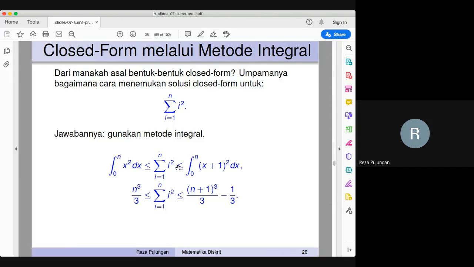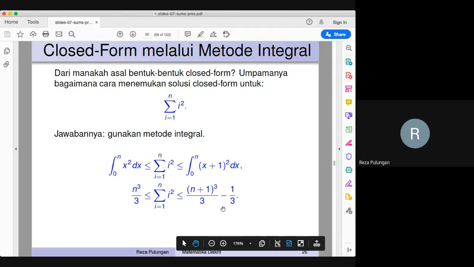So this must be smaller than the integral from 0 until n of (x plus 1) to the power of 2, and larger than the integral from 0 until n of x to the power of 2. And the only thing left for you to do is to find the integral. And this is the integral. The integral is (n plus 1) to the power of 3 divided by 3 minus 1 divided by 3.